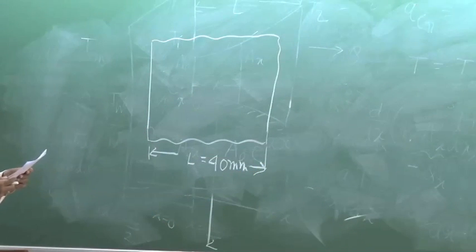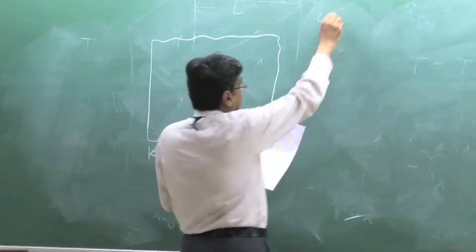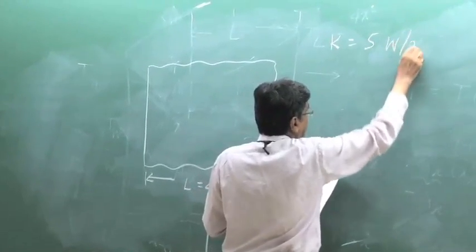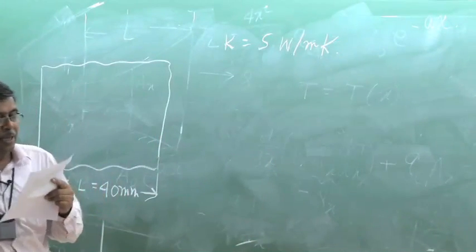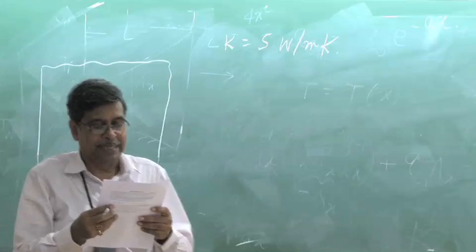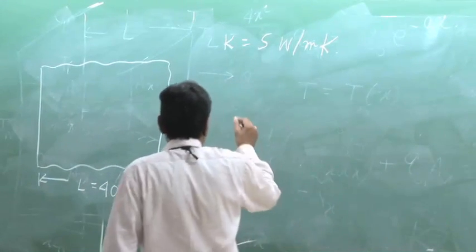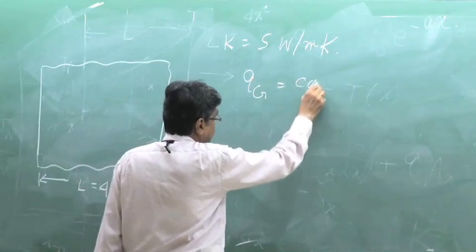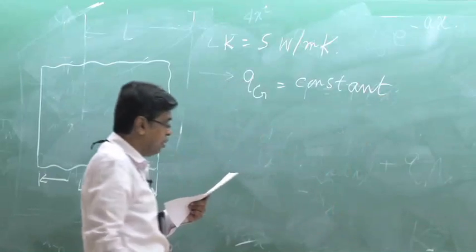Plane wall of 40 millimeter and thermal conductivity K of 5 watt per meter K. Okay, very good. It experiences uniform volumetric heat generation rate Q dot. That means in my nomenclature Qg is constant, so there is no variation of Qg. Very good. The problem is simple.